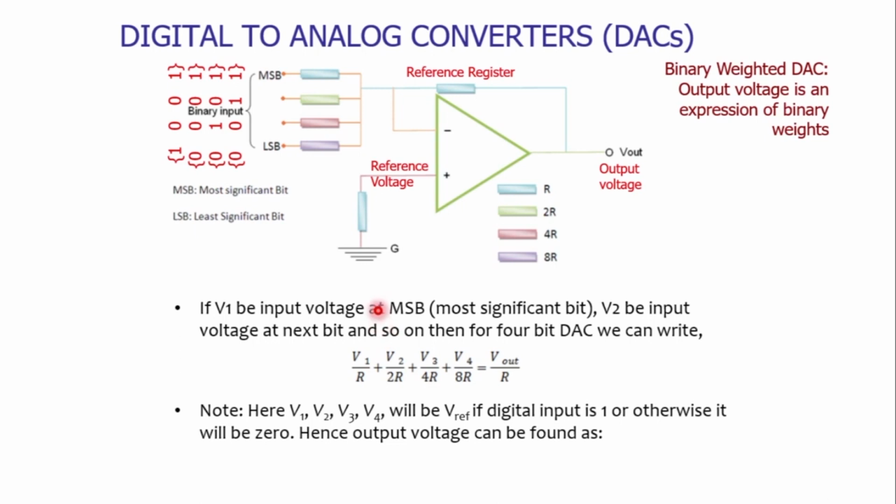Hence we can say that the output voltage is proportional to the binary conversion of the input values of the voltages at the bits of the input.